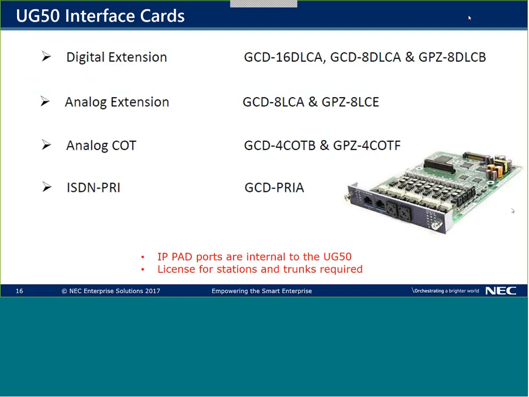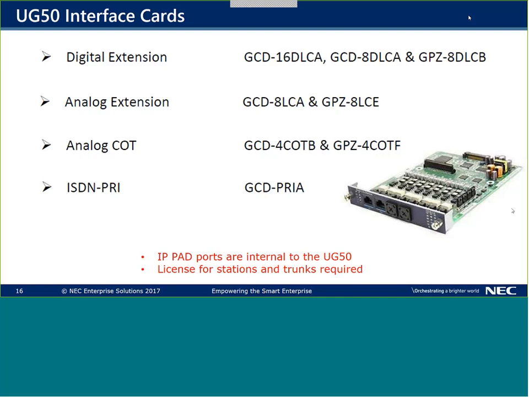For those of you that have been around the 8500 and 9500 for a while, you're probably asking yourself, where are the pad cards? The answer is the UG50 has built-in internal pad cards already. The pad card is a packet assembler, disassembler, and its job is to sit in between the IP side of the network and the TDM side of the network and basically translate the voice from a packetized format into a non-packetized format.